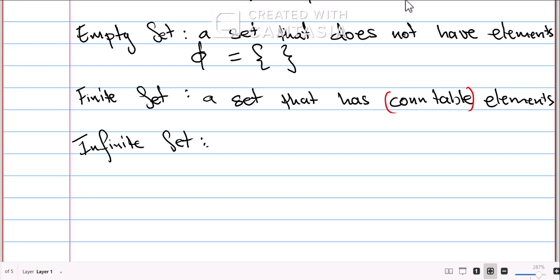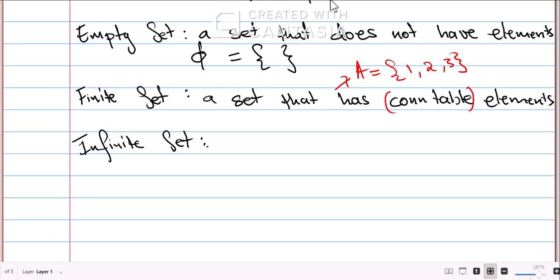Let's consider this example. Let's say A is equal to 1, 2, 3. We can count these elements: the first one, the second one, the third one. So the set is countable, so it's a finite set.